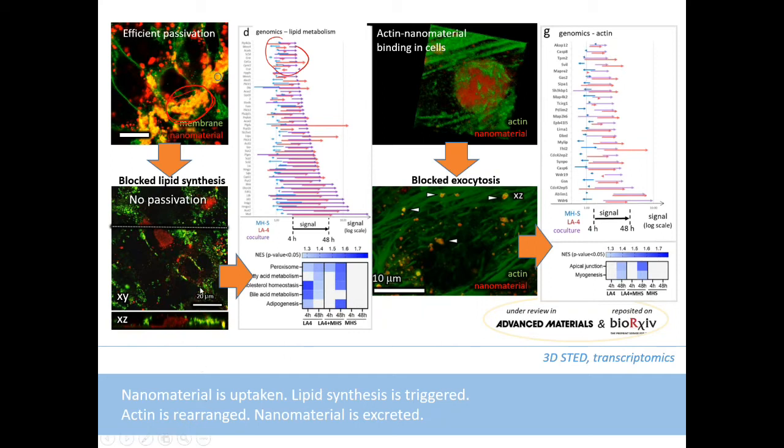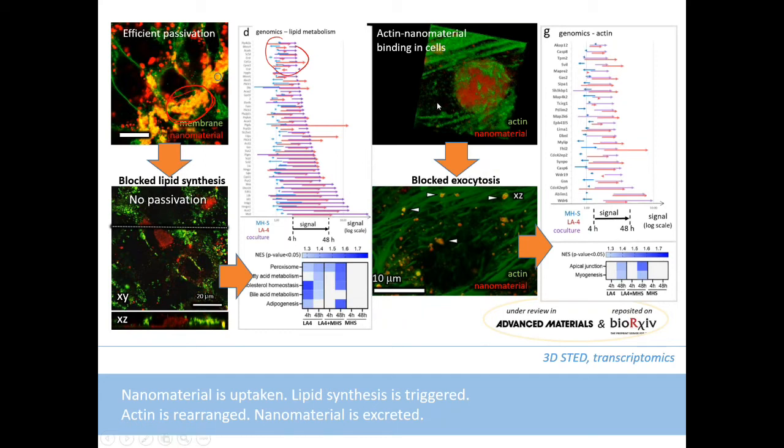On the other side, if you pull cholesterol out of the cell membranes, then the nanomaterial is taken up super fast, on the level of minutes, and it cannot be quarantined on the surface of the cell, and just stays inside the cells.